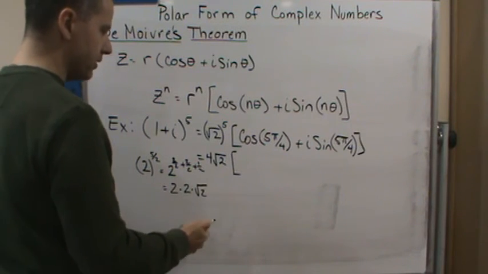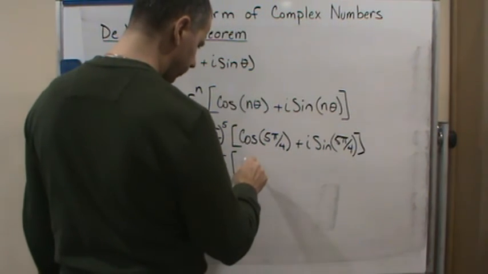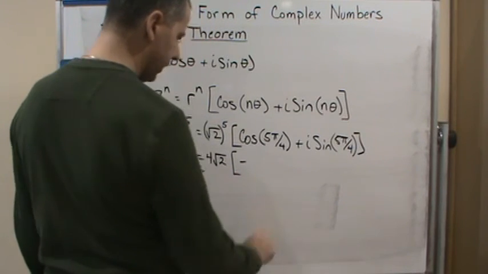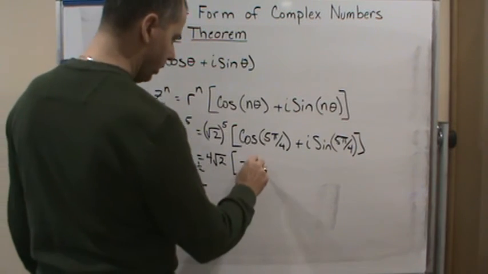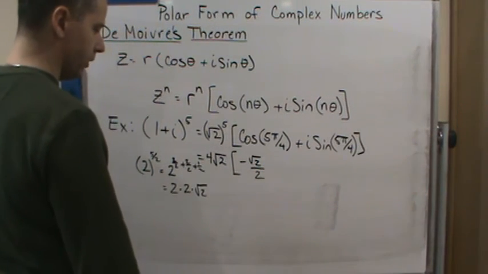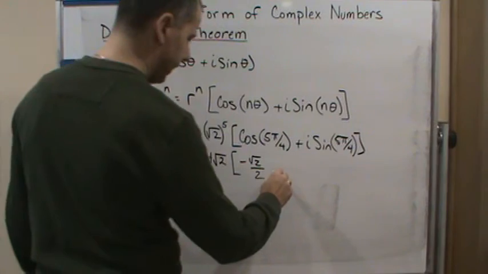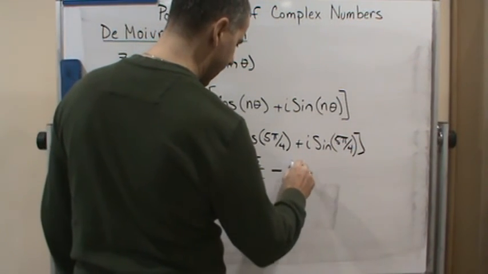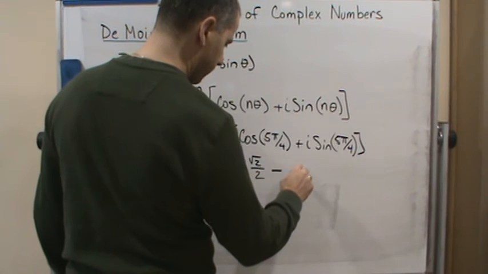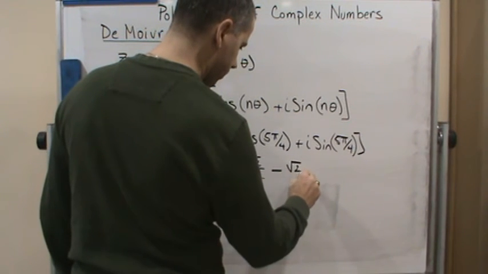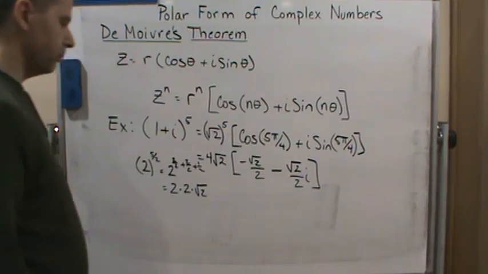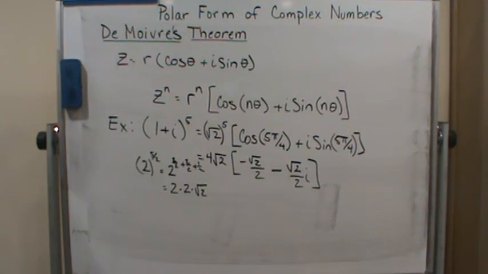So this is going to give us negative square root of 2 over 2, minus square root of 2 over 2 i.